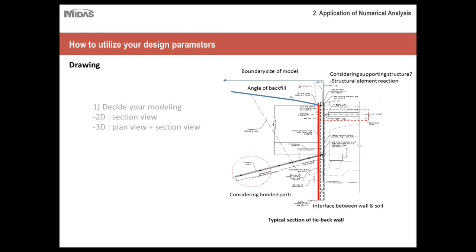And then for the drawing. First you need to decide the type of model you want to create, a 2D view or a 3D view. 2D and 3D modeling each have their own benefits, so it really depends on the type of project that you're running. For example, with a 2D project with simpler, more straightforward geometry, a 2D analysis would be best because it simplifies things to a point where you can work more efficiently.